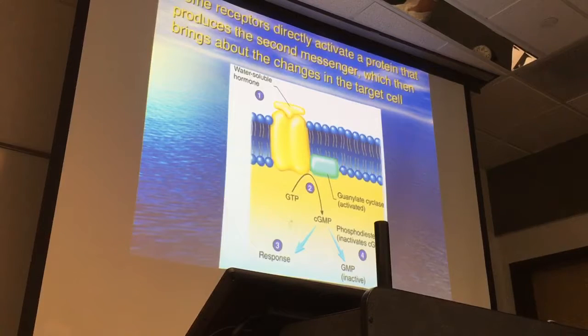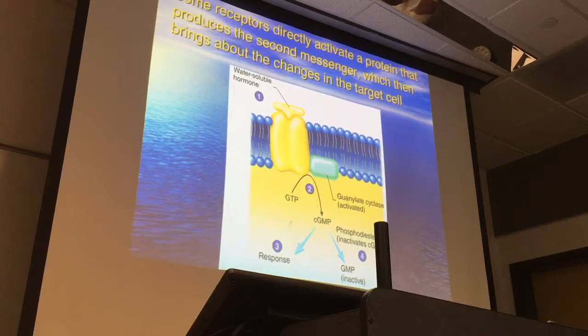Is that only water soluble? Yeah, this is always only for water soluble. Everything we're doing now, we finished the lipid soluble with one slide. They all go in and bind hormone response element that's going to cause genes to be transcribed. Rarely genes to be shut off, but almost always genes to be transcribed.